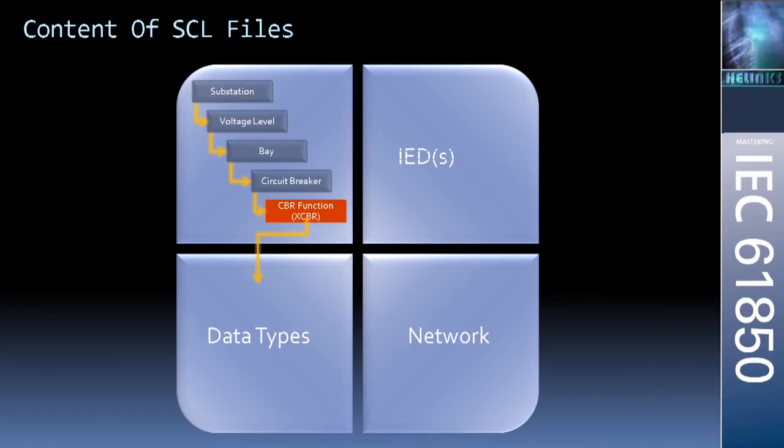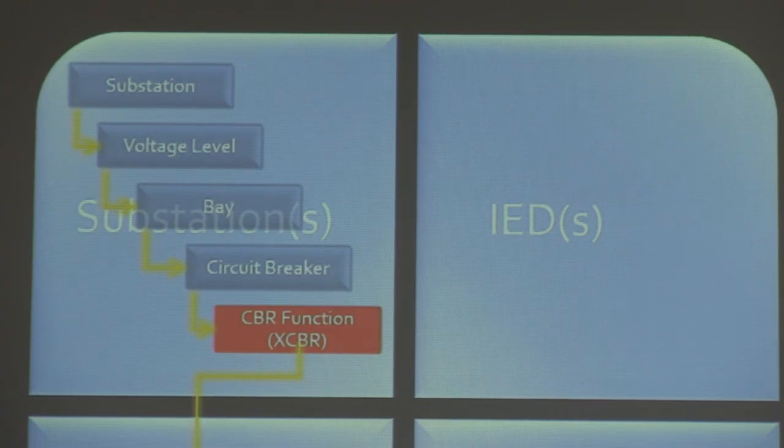The difference between these files is not so much the specific content, it is more which content is used in which phase of the engineering. Not very often used, not yet, is the substation section.